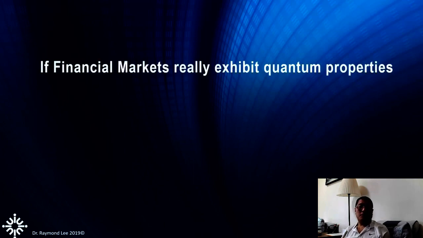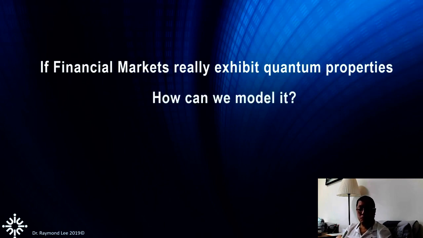So for today, focus on this one problem. If the financial market really can exhibit some quantum property, as we discussed at the beginning of the course, using particle-wave theory phenomena and applying it to the financial market, how can we do the mathematical and physical modeling?